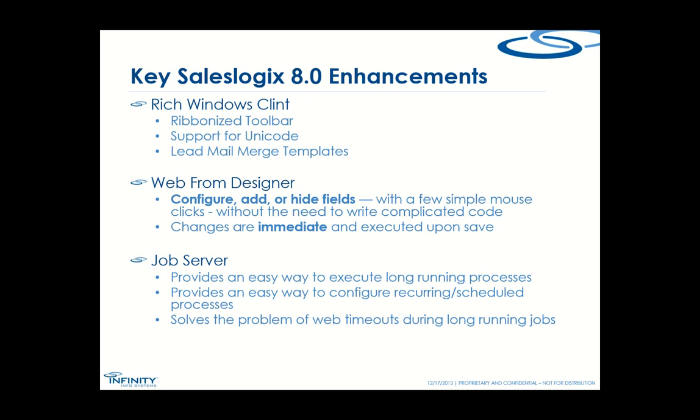So that way it frees up all those long-running processes that you would have on the web that in the past have kind of locked it up or made the system unusable for the user while they're running those kinds of jobs. Whether it be exporting a large list or doing some sort of custom territory realignment, we can now move those over server side and let the users continue on with their work as they're waiting for the job to finish.